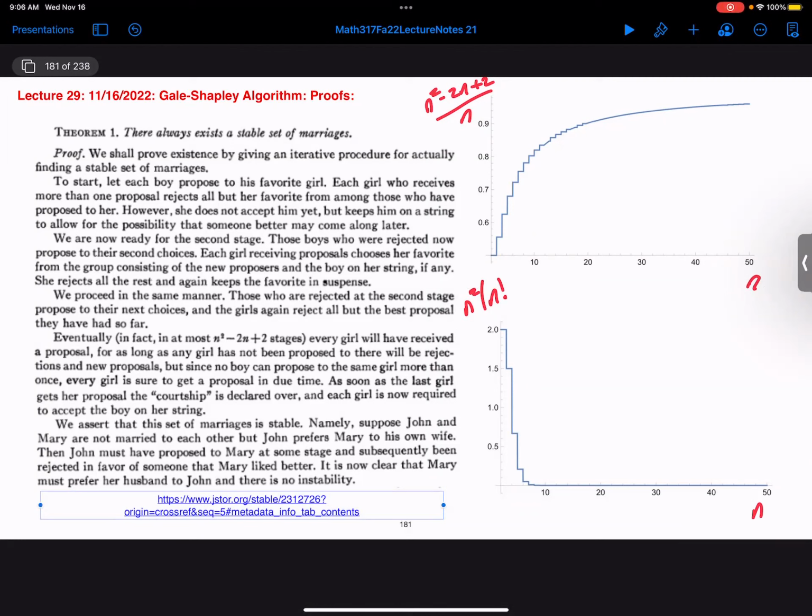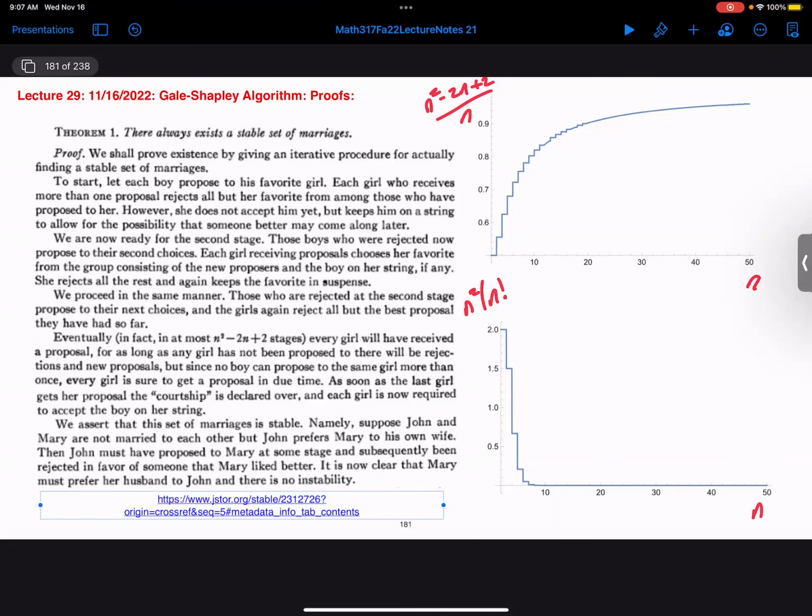You always want to be able to look at an image. What does this tell you about the growth rates of n squared and n factorial? It grows a lot faster. Can you tell how much faster by looking at this? Why not? It's so close to 0. I can't tell.